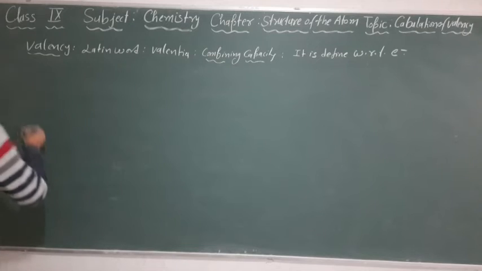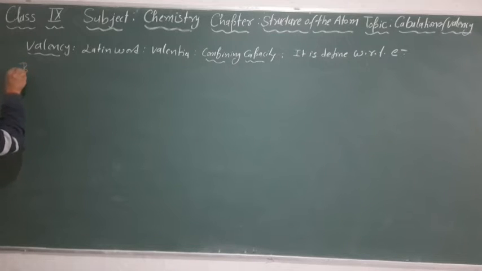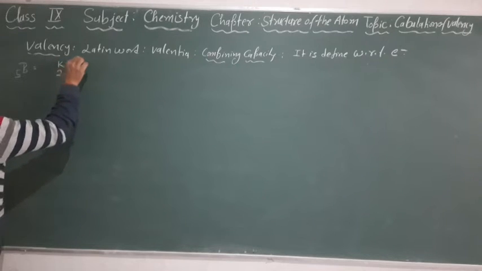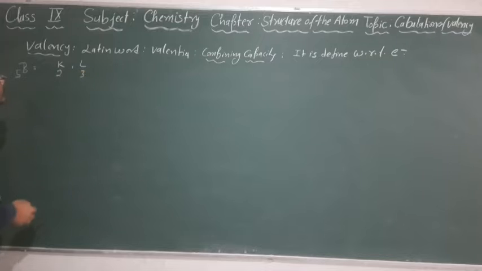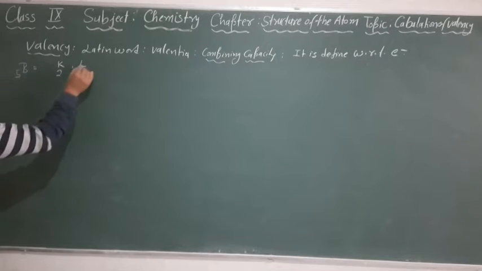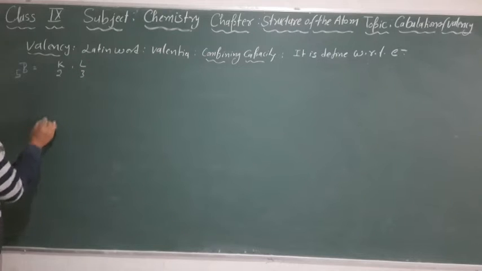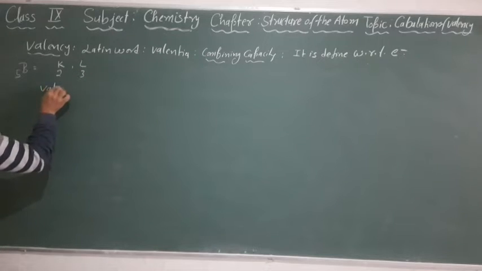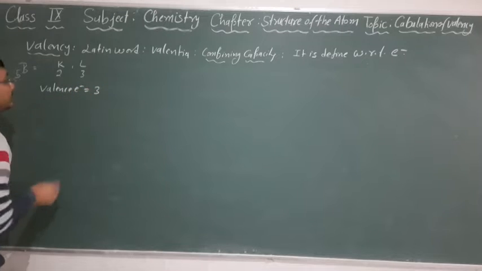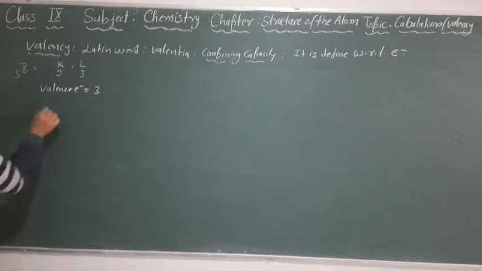Now next is boron, atomic number 5, electronic configuration K cell 2, L cell 3. So here see, the number of valence electrons in the outermost cell is 3, which is less than 4.